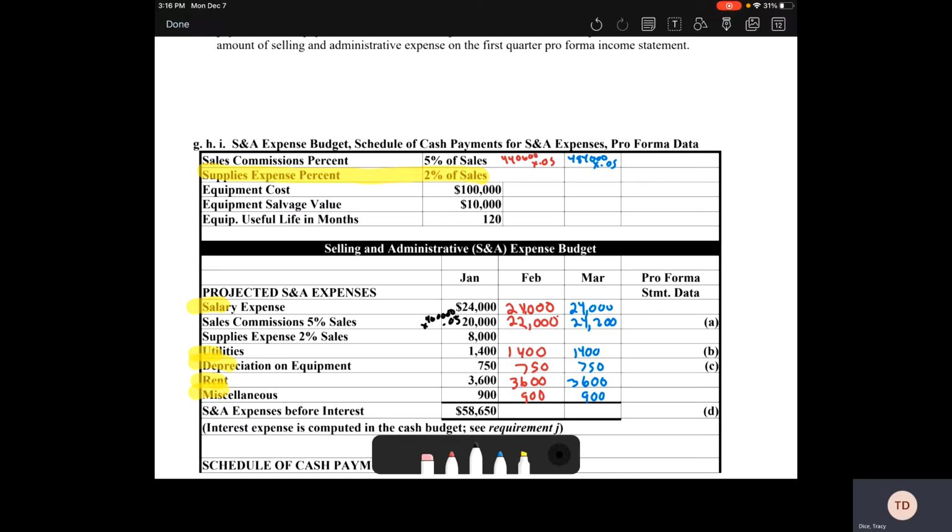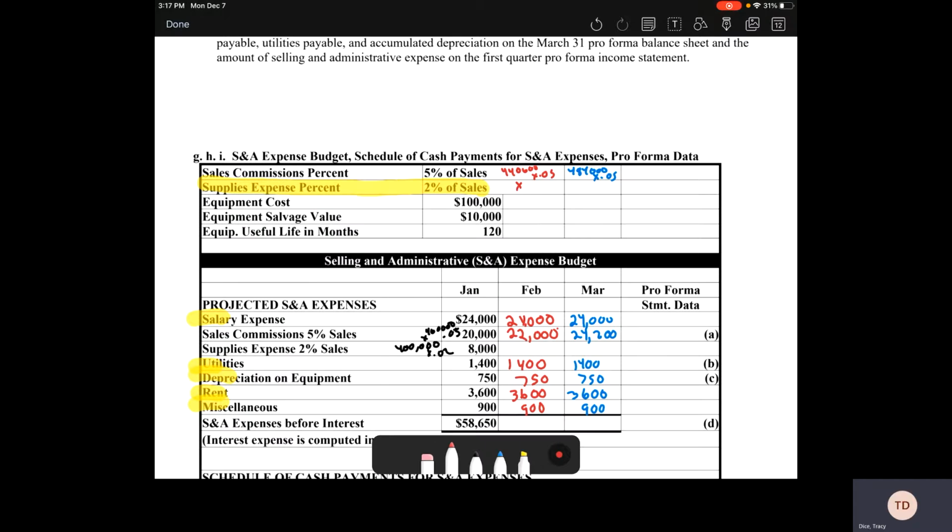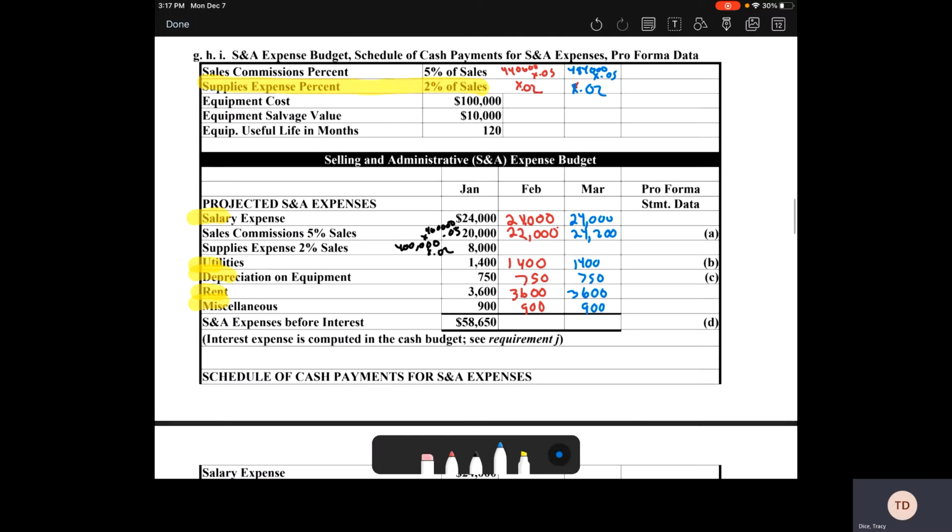This first one would be 400,000 times 0.02. And when you take 440,000 times 0.02, you're going to find that it would be 8,800.